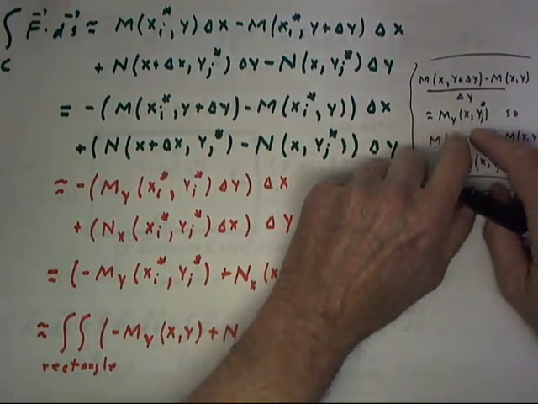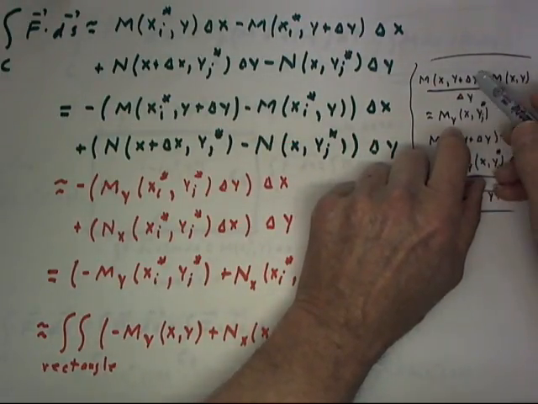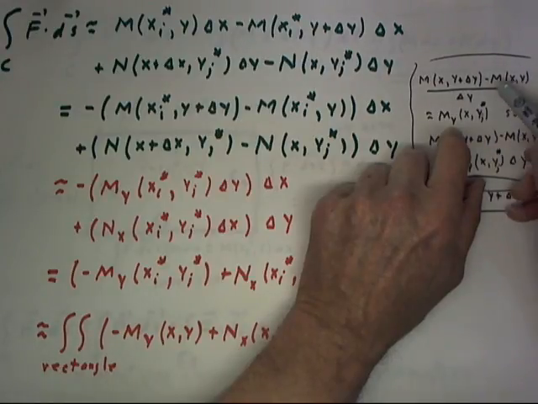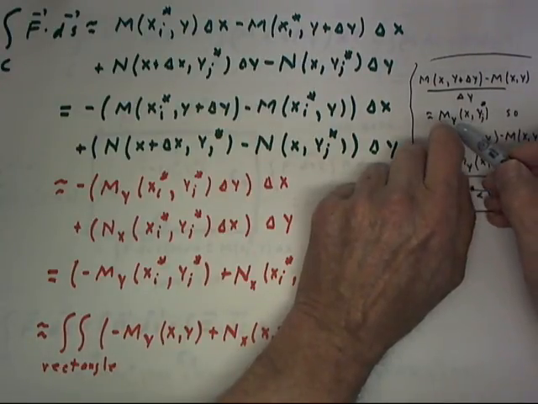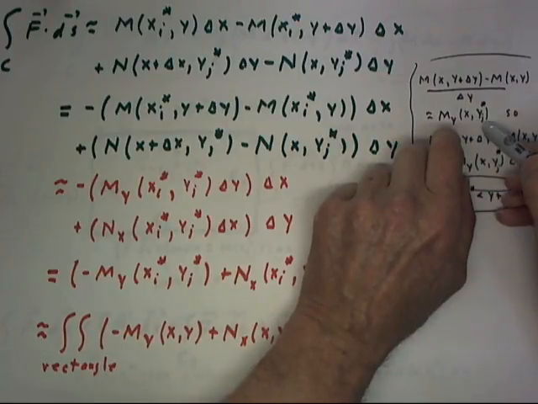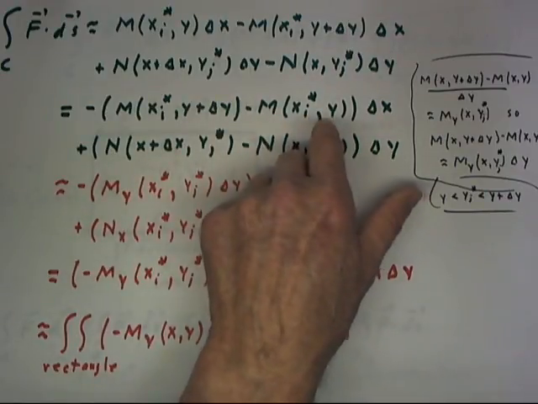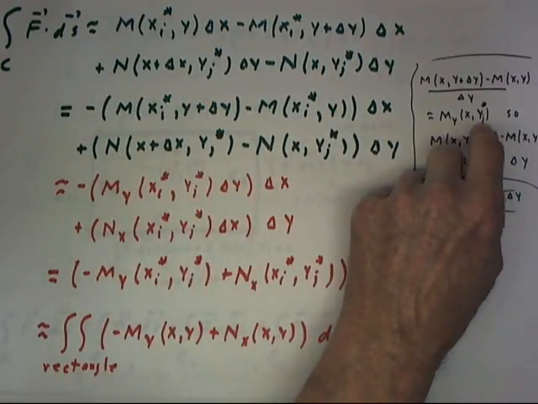That observation is pretty much equivalent to the statement that, in that case, this difference quotient here is approximately equal to m_y evaluated at x, yj star. Now, we have y's here. Where does the yj star come from?